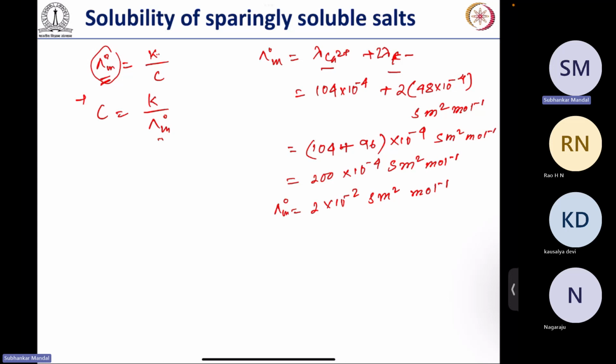What is K? K is the specific conductance of calcium fluoride. As it is sparingly soluble, what is the specific conductance?